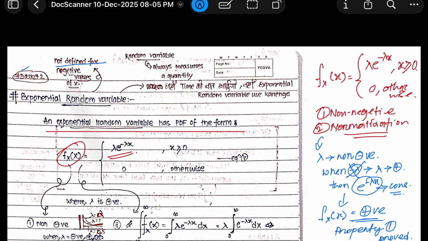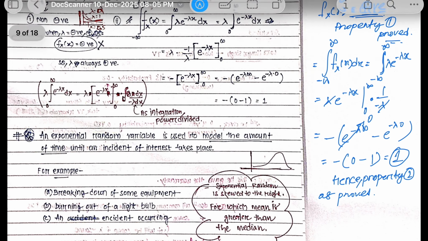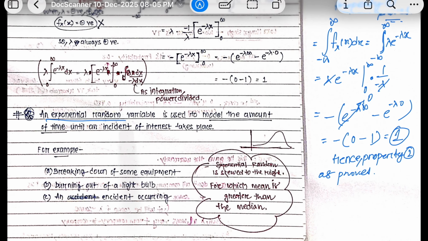Now define for the negative values of x. A random variable always measures a quantity, here time, and there we use the exponential random variable.